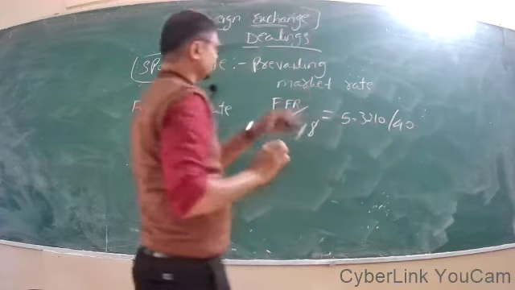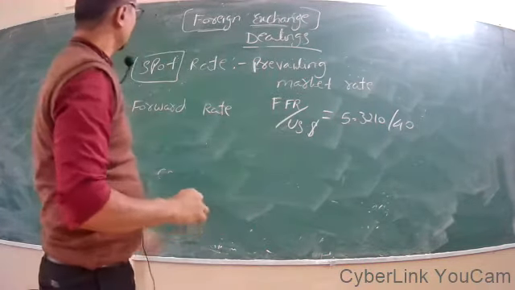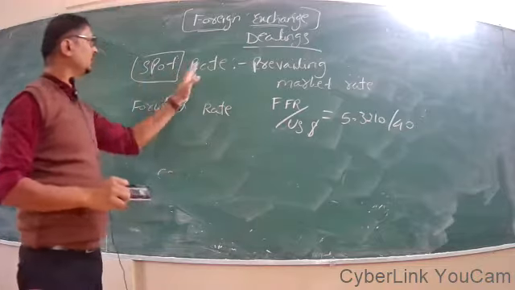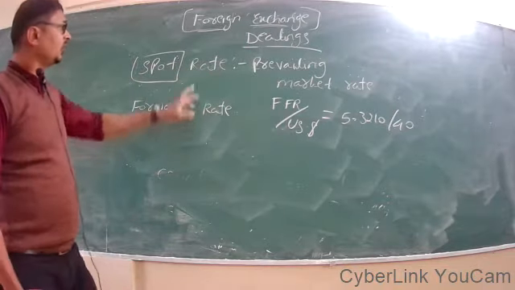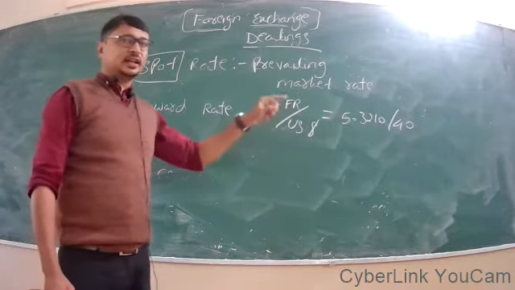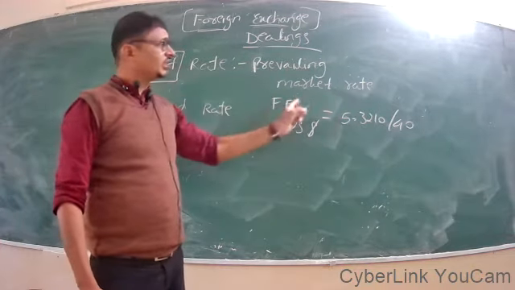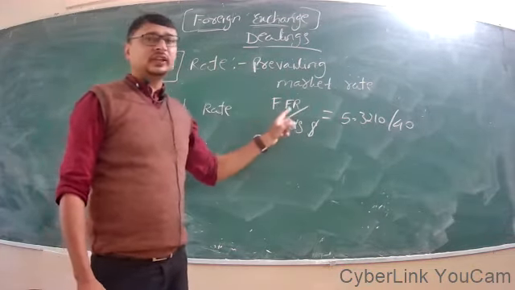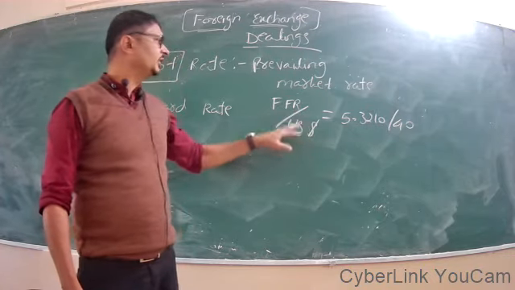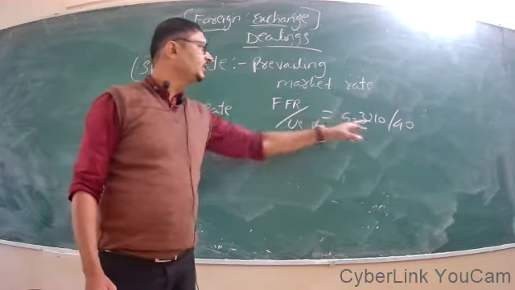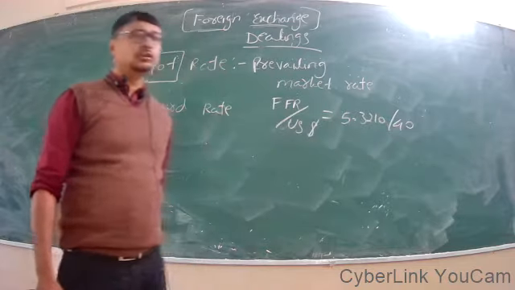We will solve certain problems related to the same thing, but before that, you need to know what spot rate means. Spot rate is the prevailing market rate, as of now. This moment's market rate, that is the exchange rate between US dollar and French francs. That means to buy 1 US dollar, you have to pay French francs 5.3240.